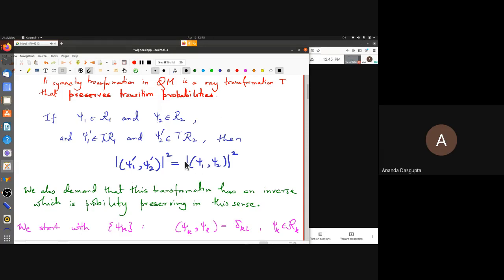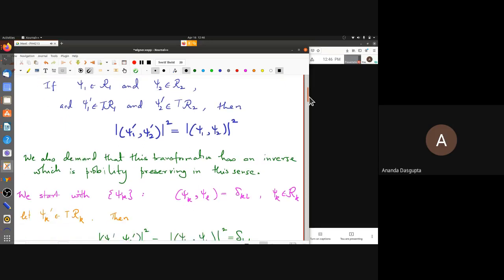I hope everybody is familiar with this notation, so there will be no confusion. You can, for the time being, think of this as a ket acting on a bra, but please don't, because that might get confusing later on. This is just the inner product of two vectors, and the important point is your symmetry transformation has to be such that this works. Okay, so that is the premise of Wigner's theorem.